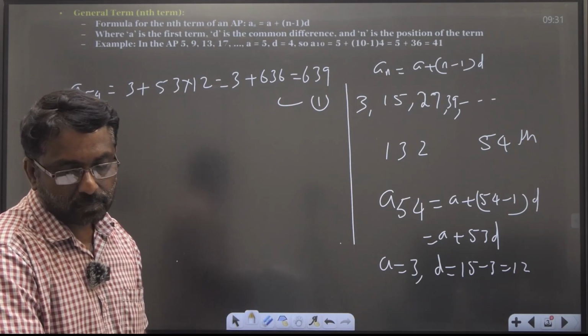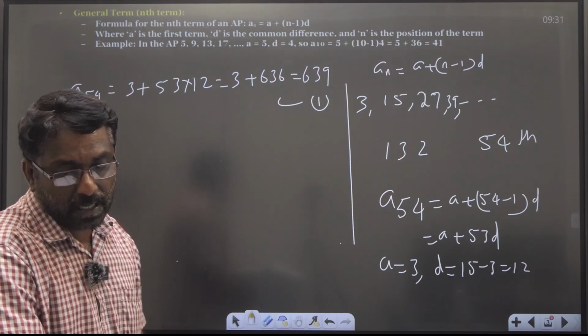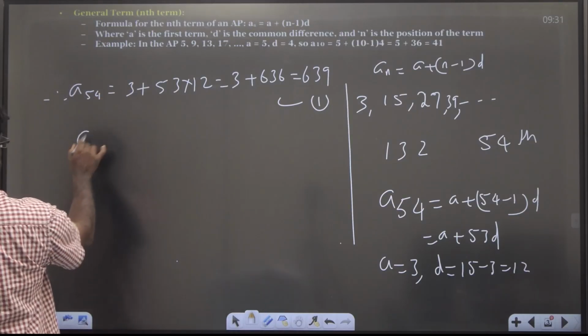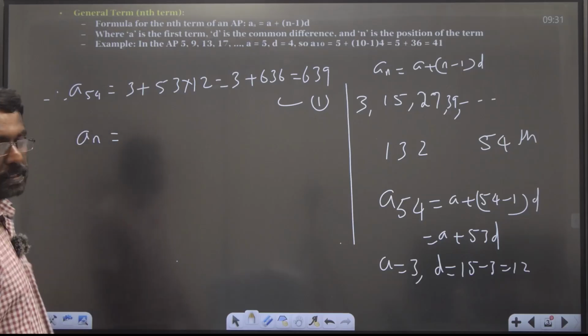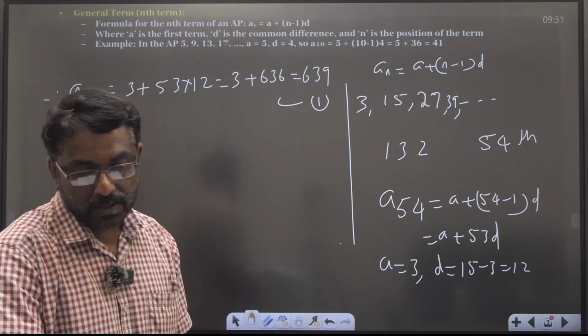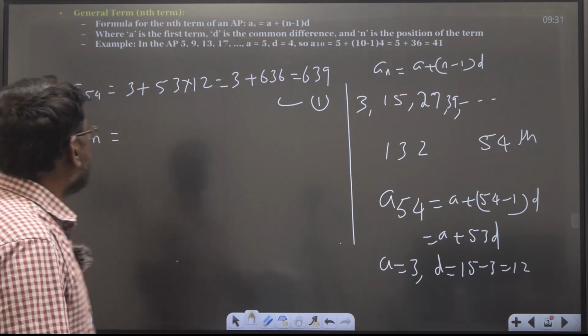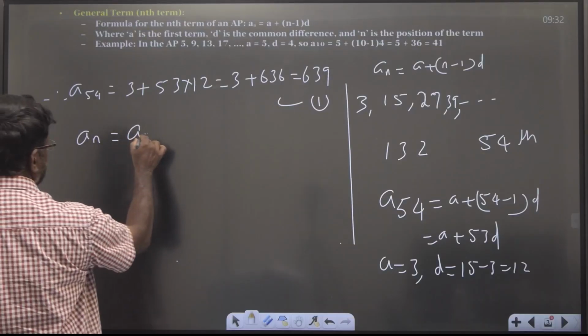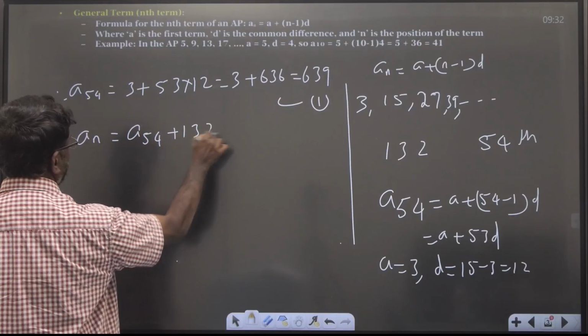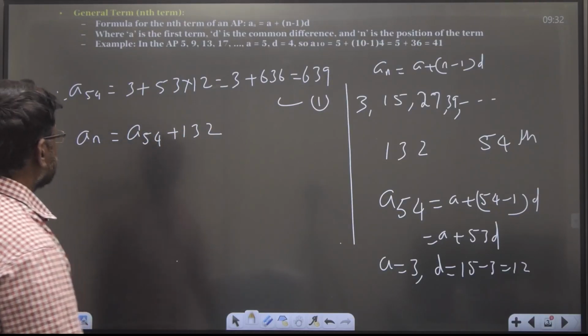Then, as per the question, the last term An is 132 more than A54. That means A54 plus 132.